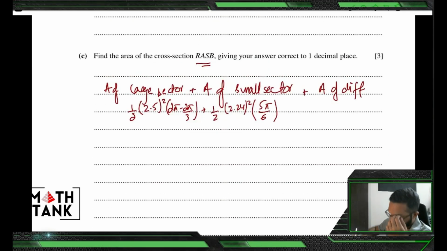Plus area of difference, which I found out to be 1.45. So adding all of that together should give me the final answer. I don't know if I made a calculation error. We'll know if I check the answers, but I do have a tendency of making some errors here. So make sure that you check this against the marking scheme. Let me know if I've made an error.